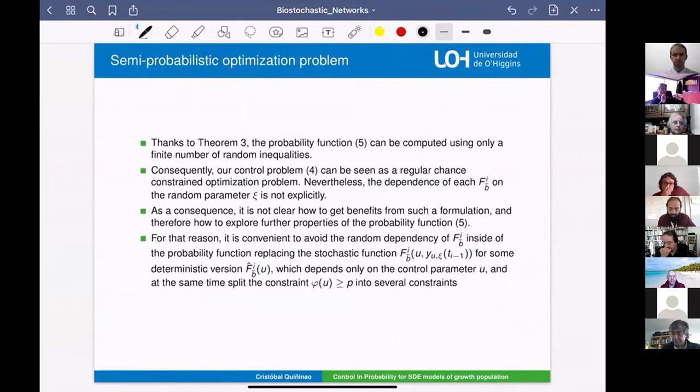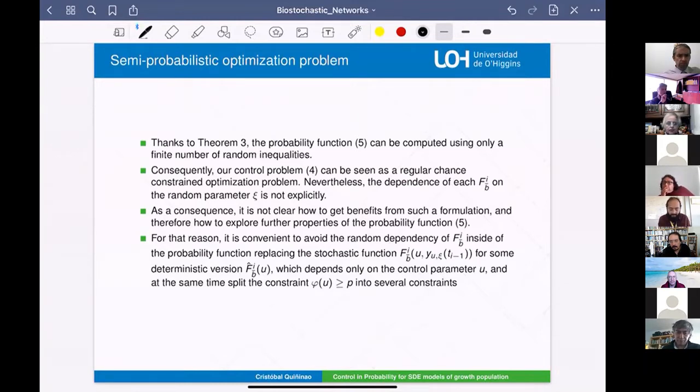So thanks to Theorem 3, the probability function is transformed into a finite number of random inequalities. Your control problem can now be seen as a regular chance constraint, so you have all these tools of chance constraint optimization problems to use. Nevertheless, you still have a little problem, but it's not going to be a problem at the end of this talk: the dependence on the random parameter is not explicit.